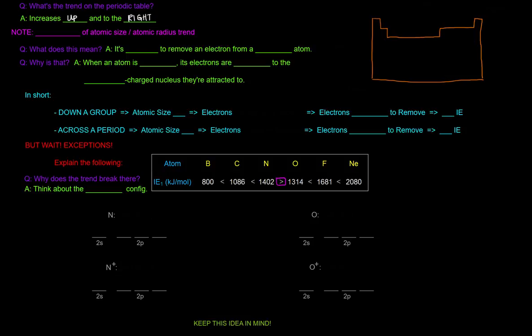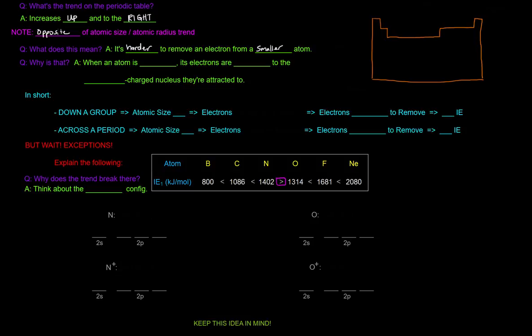One thing you should notice is that this is the opposite of the atomic size or atomic radius trend, which we talked about in the previous video. What does that mean? Well, it means that it's harder to remove an electron from a smaller atom.